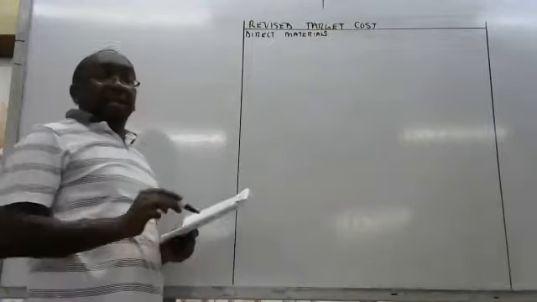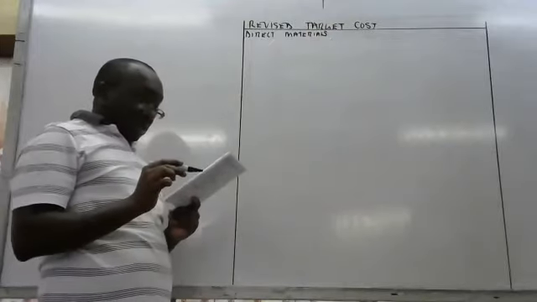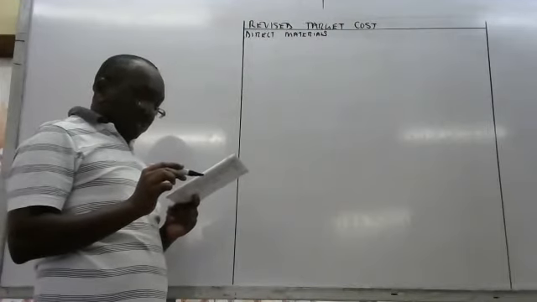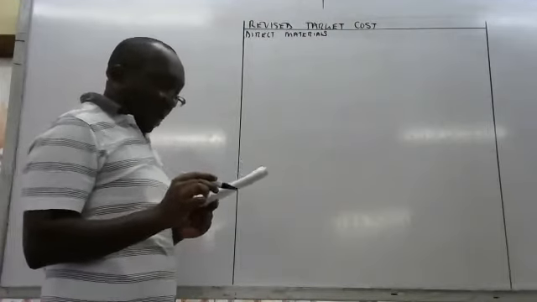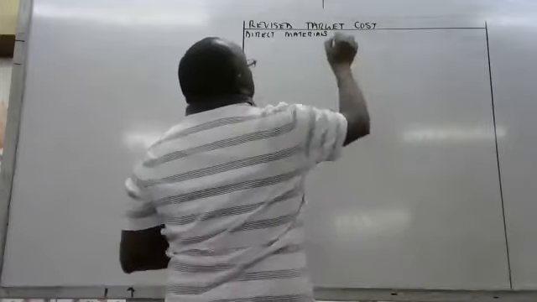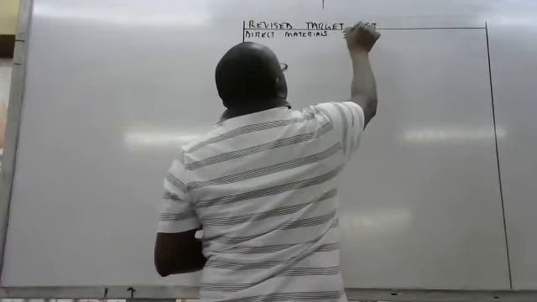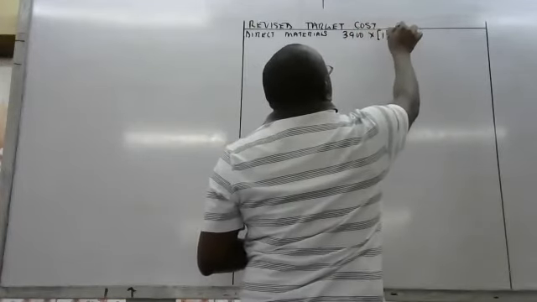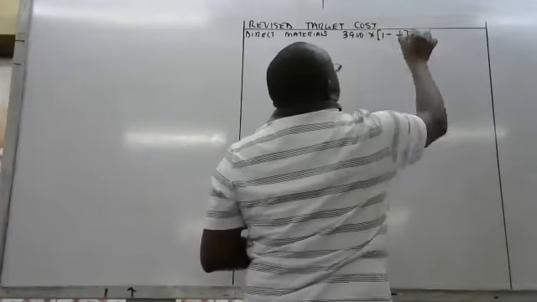Now direct materials, it is that 900. We are told it is to be reduced by 1 out of 6. So it will be that 900 multiplied by 1 minus 1 out of 6.